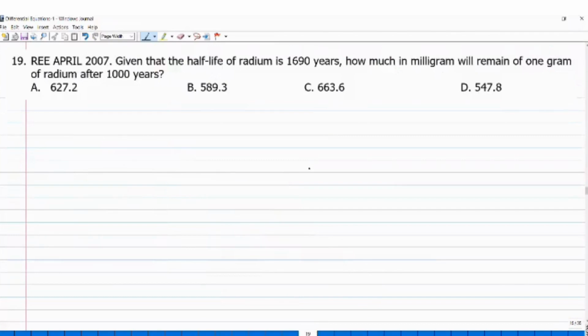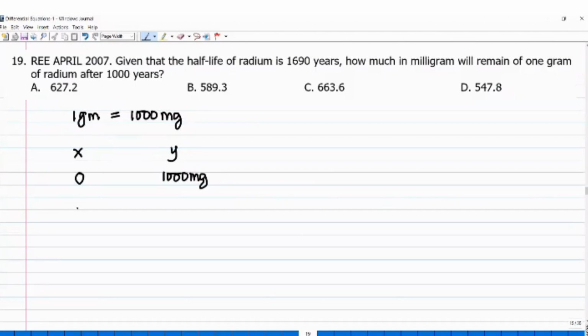Next, number 19. Given that the half-life of radium is 1690 years, how much in milligram will remain of 1 gram of radium after 1,000 years? So 1 gram is equal to 1,000 milligram. So we have X, then Y. So 0, 1,000 milligrams.